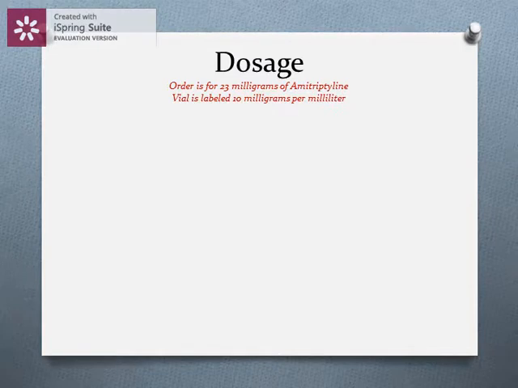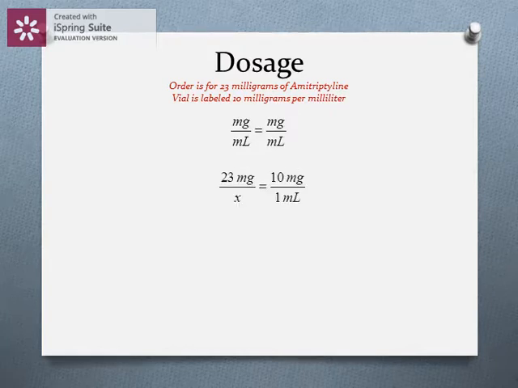In this example, the doctor has written an order for 23 milligrams of amitriptyline, and the vial is labeled as having 10 milligrams per milliliter. So as quickly as I would, you would recognize that there is a relationship between milligrams and milliliters. You would set up your proportion, cross-multiply, and solve, and reveal that for 23 milligrams, you would need 2.3 milliliters of this substance.